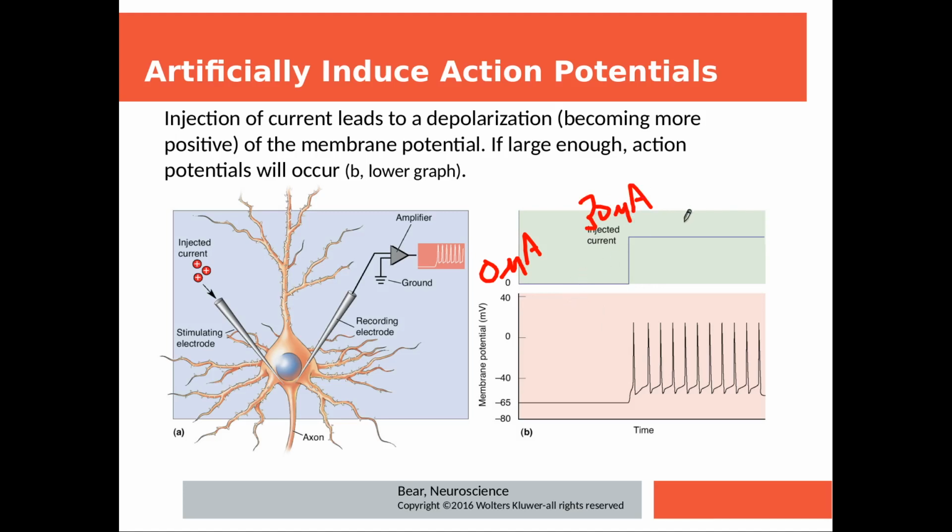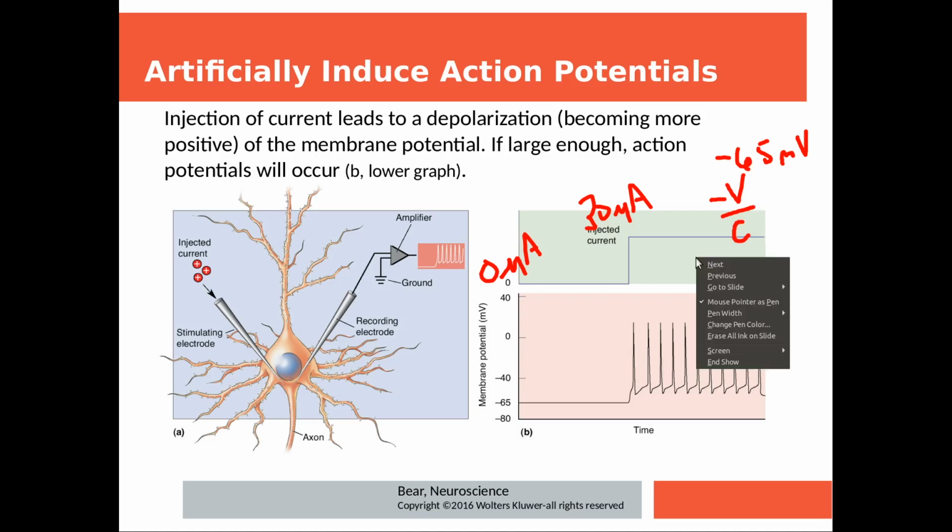Is it micro or milli? Wait a second. Negative 65 millivolts. And the equation will be, V is IR.